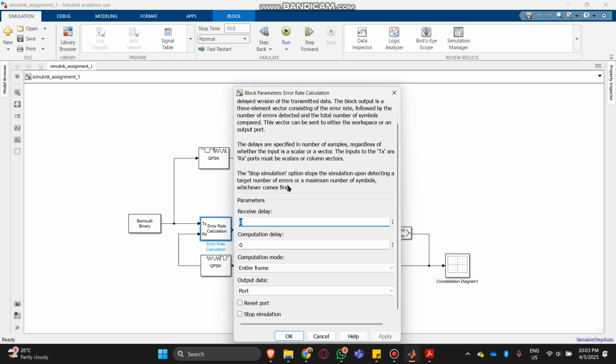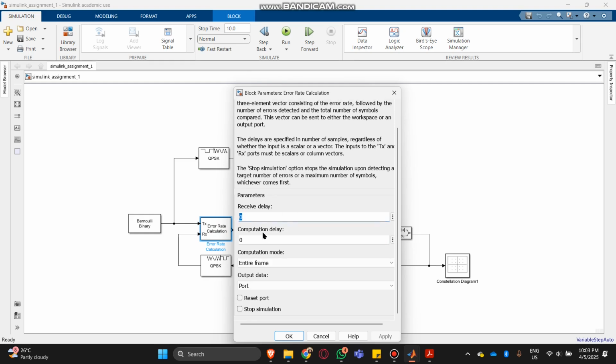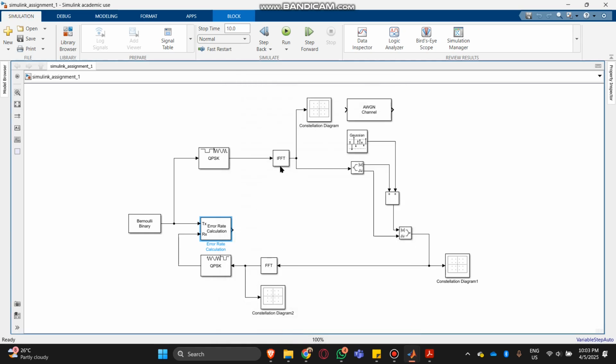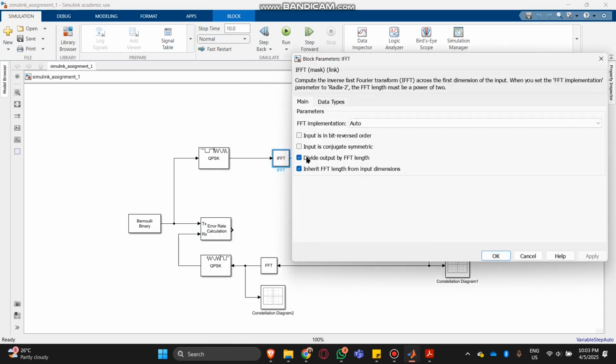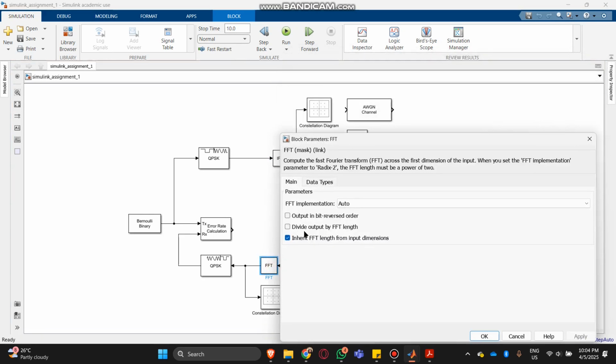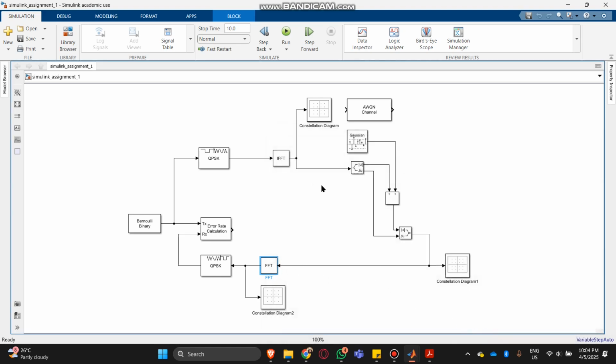Error rate calculation: receive delay 0, computation delay 0, computation mode entire frame, output data set to port, and then apply, okay. IFFT, don't touch, divide output by FFT length, inherit FFT length from input dimension. Next, FFT, just inherit FFT length from input dimension. And then last, we set the Gaussian random signal.